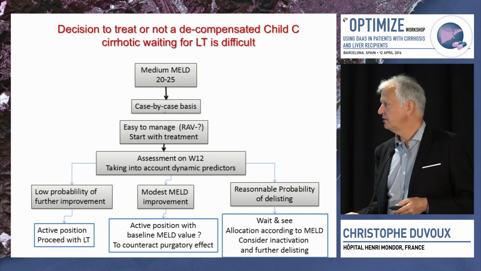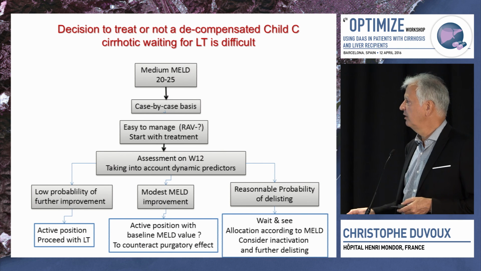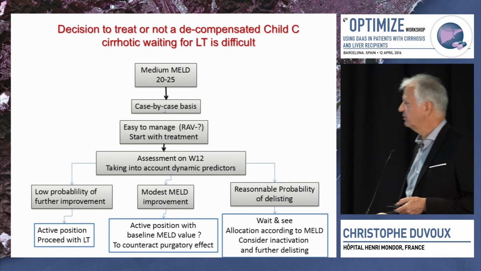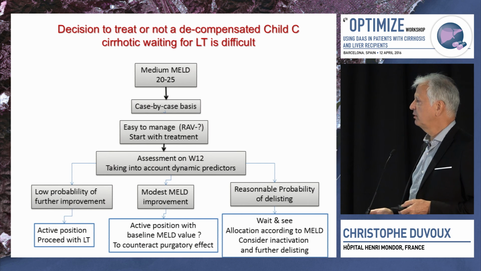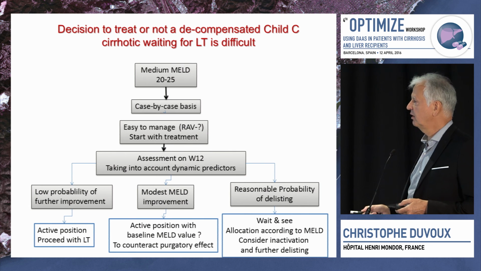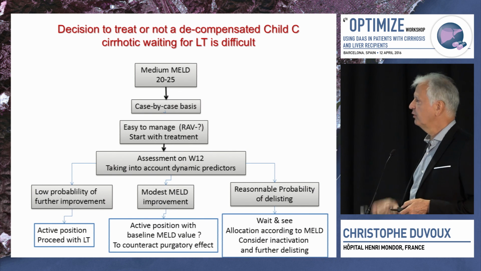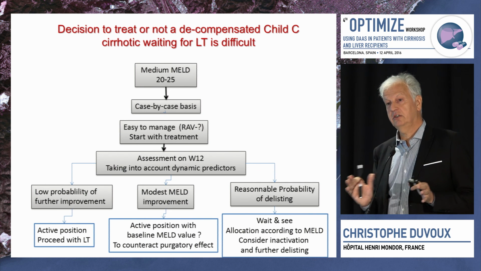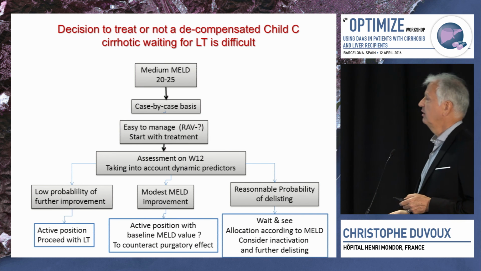And we assess at week 12 the dynamic predictors together with the baseline MELD score. For patients with low probability of further improvement, we keep them in active position and proceed with transplantation. For those with modest MELD improvement that may have a clearly purgatory effect, we suggest to keep them in active position with the baseline MELD value.